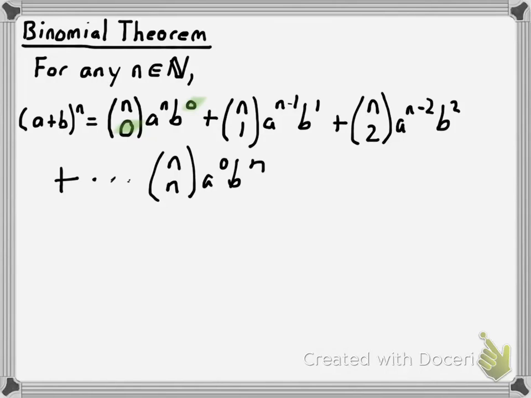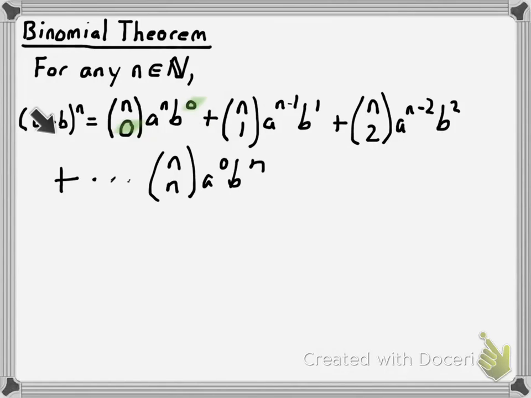Notice that after you do the combination thing here, the n choose 0, the n choose 1, you always have an a and a b, which come from whatever number is first in your binomial and whatever number is second in your binomial. And you start a as being to the nth power, and then you decrease that by 1 every time. So we go from a to the nth power to a to the n minus first power, a to the n minus second power, and so forth, all the way down until you get to a to the 0 power.